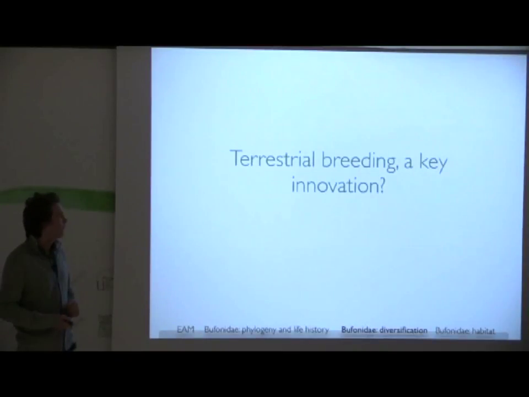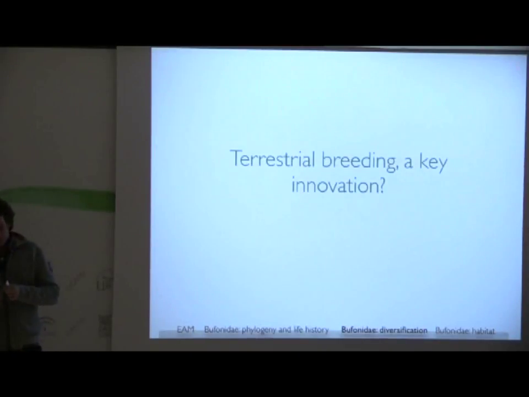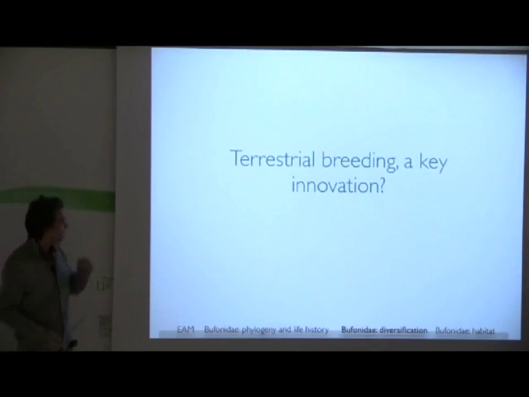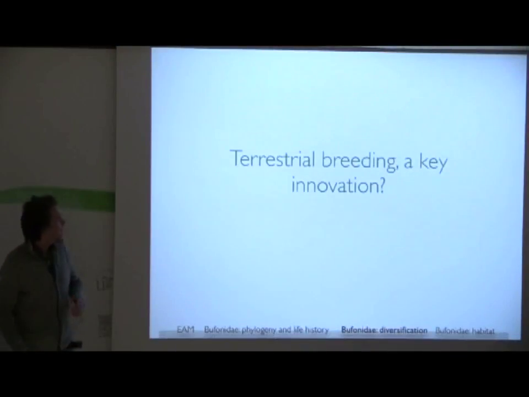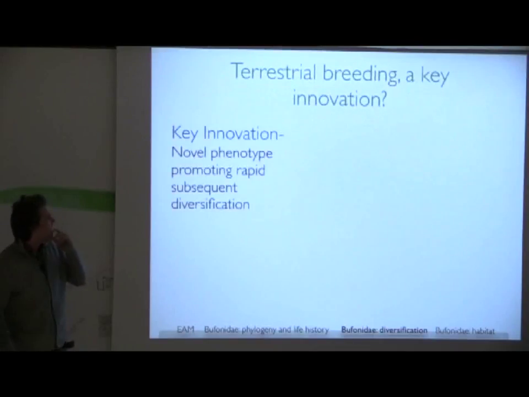And we wanted to know whether or not terrestrial breeding can be considered a key innovation. So a key innovation can be defined as a novel phenotype that promotes bursts in lineage diversification.